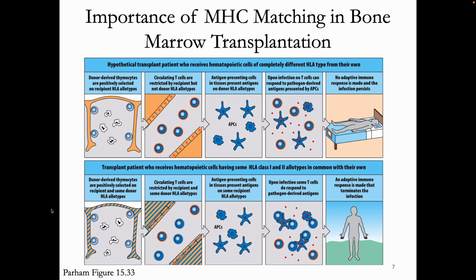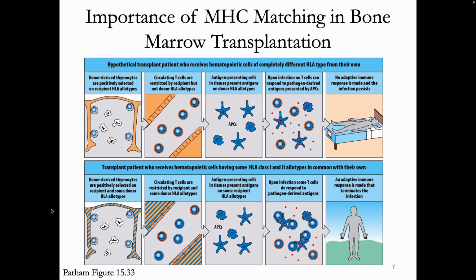Yeah, the bone marrow. And so what MHC type are they going to be presenting on? Yeah. Not blue. The donor, yellow. So our antigen presenting cells are going to be presenting on donor MHC. The T cells are going to be looking for recipient MHC, which is going to be a mismatch.